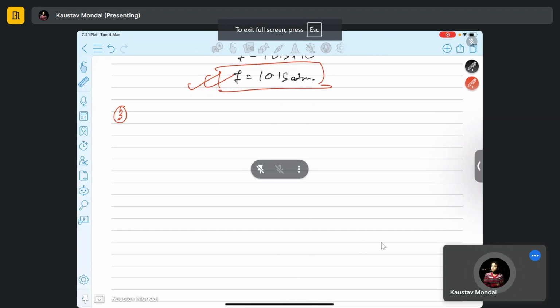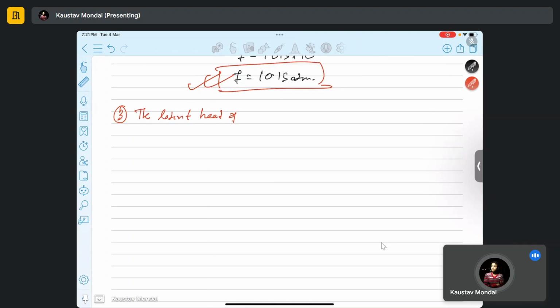Problem 3: the latent heat of fusion of deuterium at 18.56 is 47 calorie per mole.